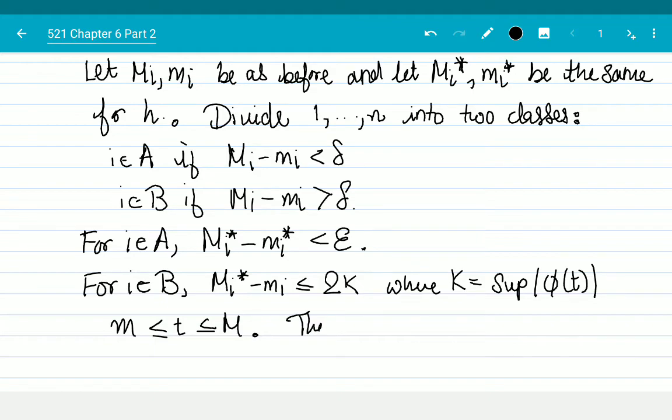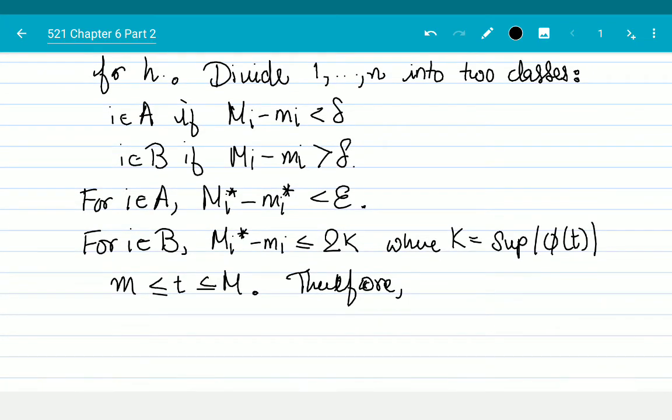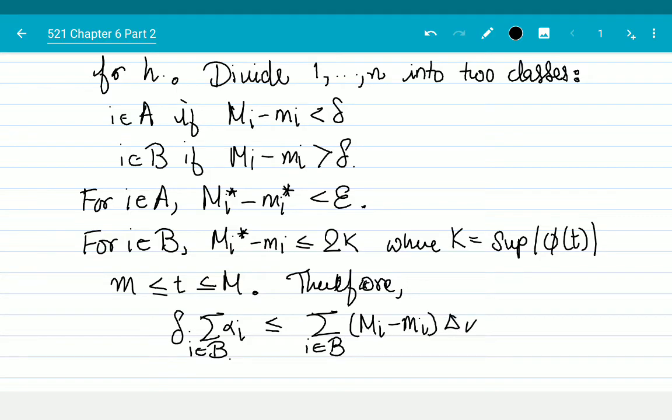Therefore, delta times summation of delta alpha i over i belonging to B is smaller than or equal to summation over i belongs to B of capital Mi minus small mi times delta alpha i, because capital Mi minus small mi is greater than delta in this case.